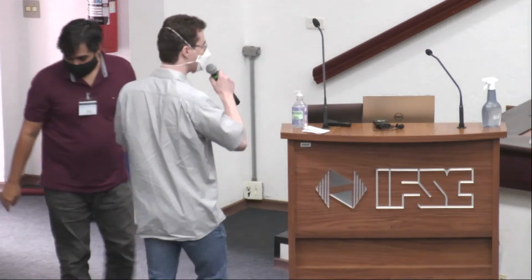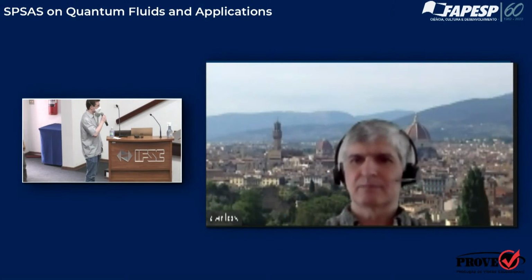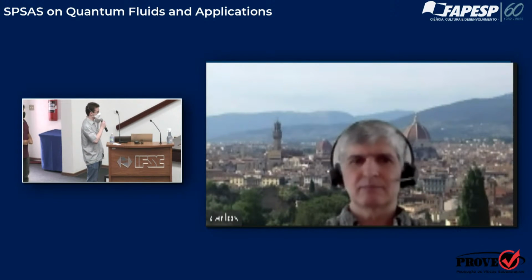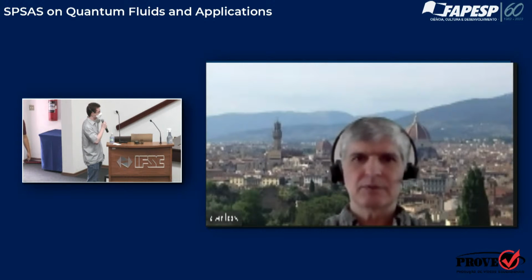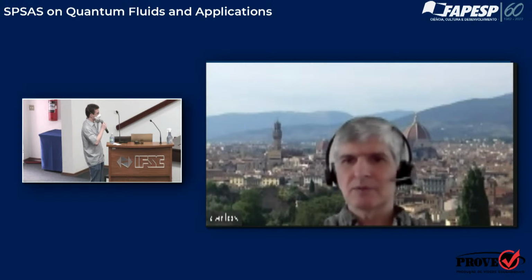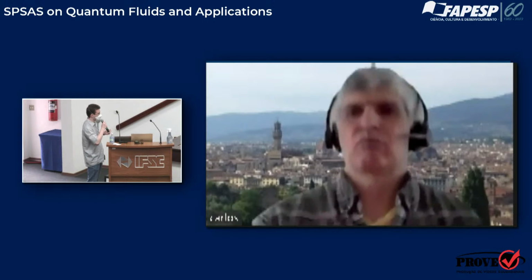Hi, Carlos. Thank you for the wonderful lecture. I imagine there are also fermionic species that have huge magnetic moments, right? So you can also do these things with fermions. Am I correct? Are there in nature fermionic species with huge magnetic moments?